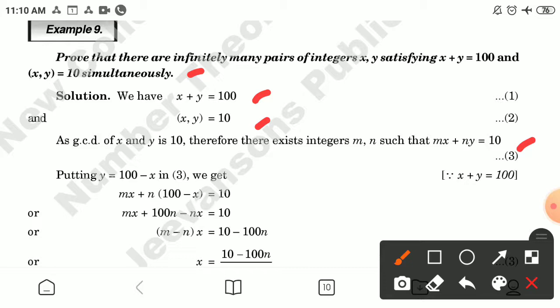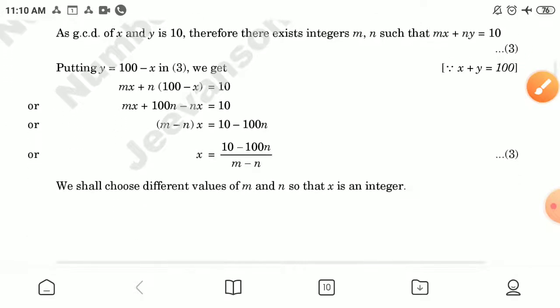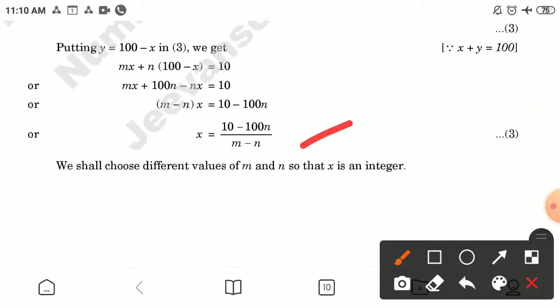Putting y is equal to 100 minus x in third, we get mx plus n into (100 minus x) equal to 10, or mx plus 100n minus nx is equal to 10, or (m minus n) into x is equal to 10 minus 100n, or x is equal to (10 minus 100n) by (m minus n).